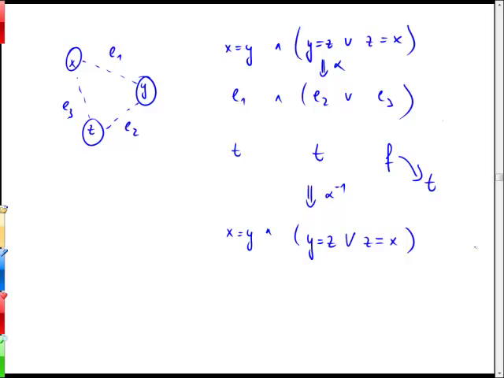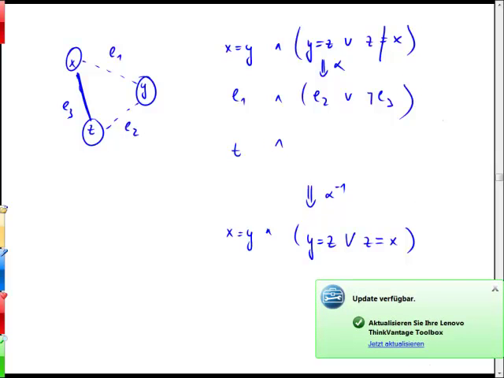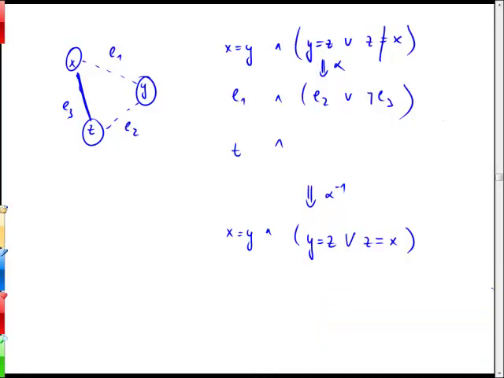So especially if I now modify the example and I make this one negated, I now get a solution: E1 must hold and E2 will be false and E3 will be true.